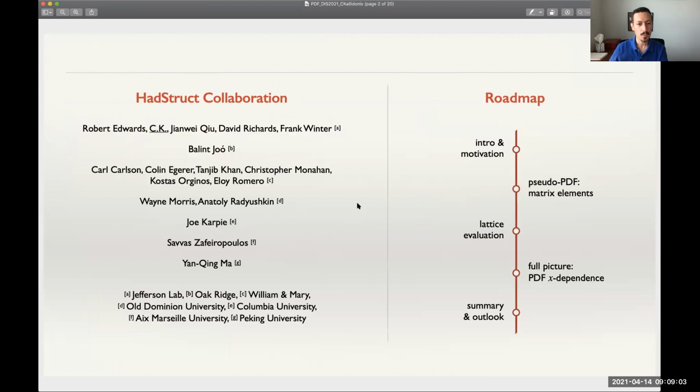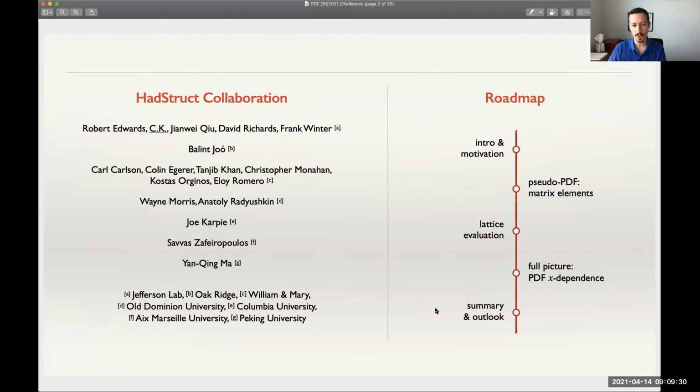So this work is part of the HadStruc collaboration, whose members I list here. In this talk, I'll start with a short introduction before saying a few words about the pseudo-PDF approach, which we'll be using. Then I'll show how we evaluate the related matrix elements on the lattice. And of course, I'll show the x dependence of the PDFs.